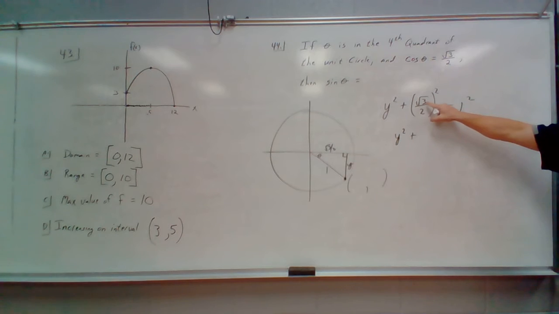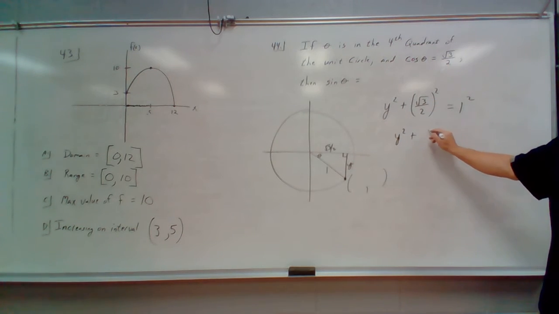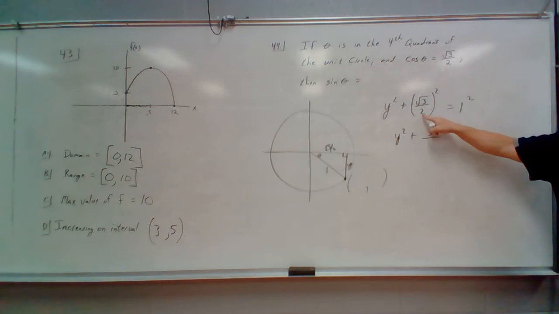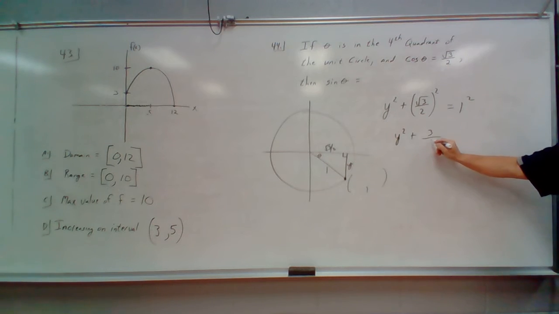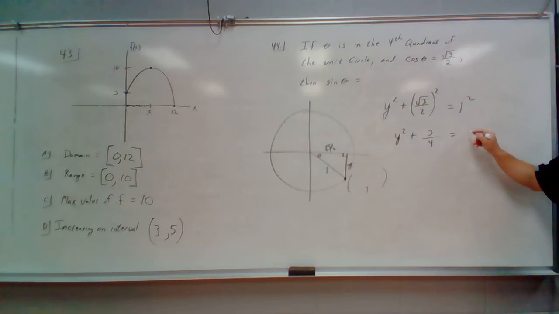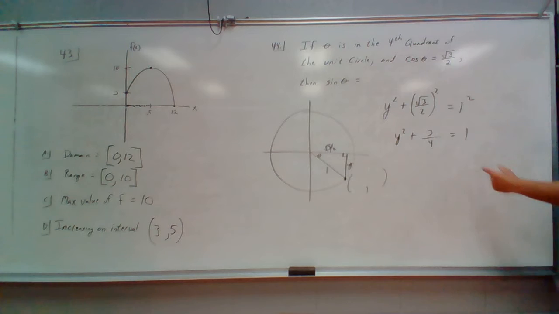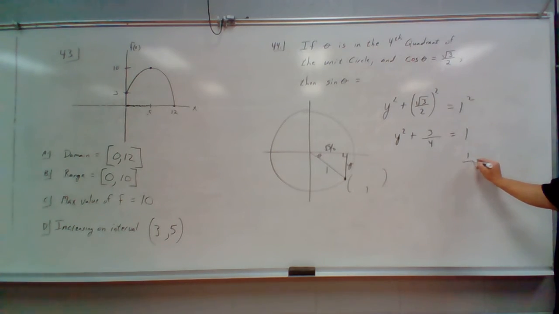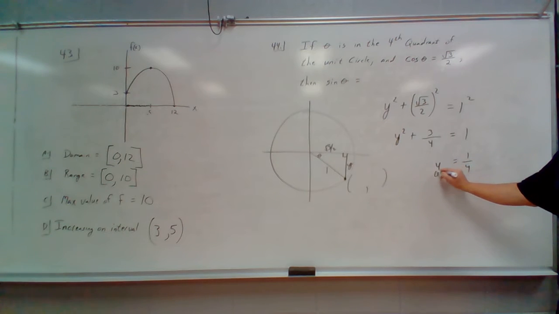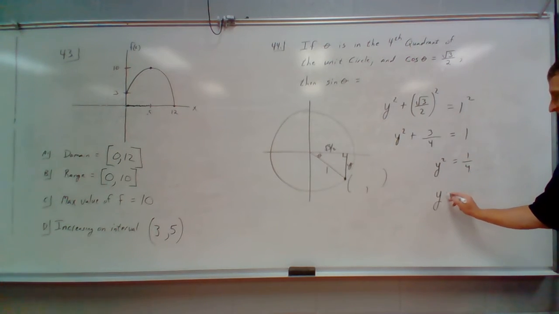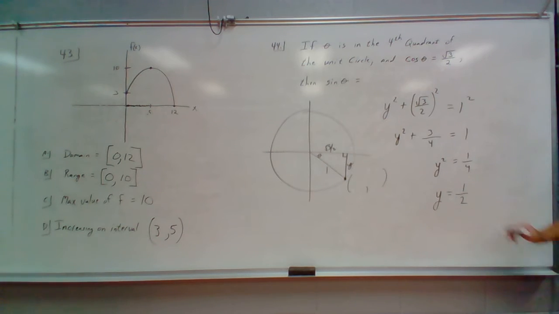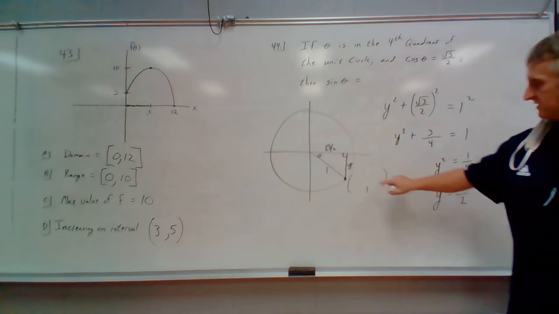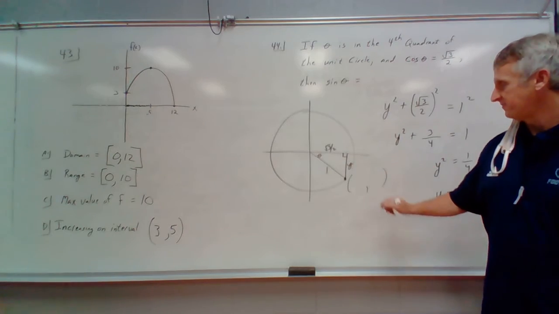On the top, square root of 3 times square root of 3 is 3, and on the bottom, 2 squared is 4. We get 3/4, and that's 1. I subtract 3/4 from both sides. 1 minus 3/4 is 1/4 equals y squared. So y is going to be the square root of 1/4, which is 1/2. So we know the length of this side is 1/2.